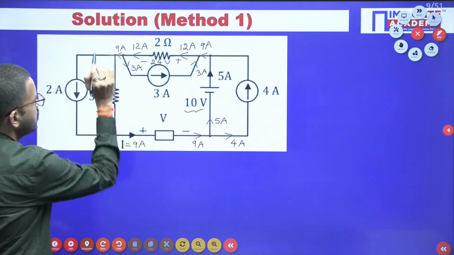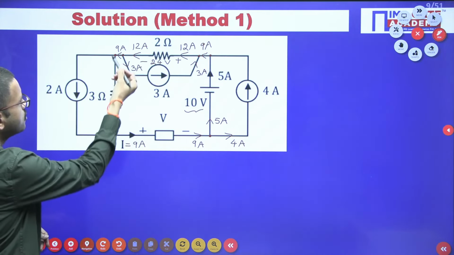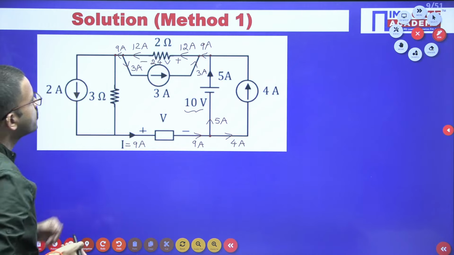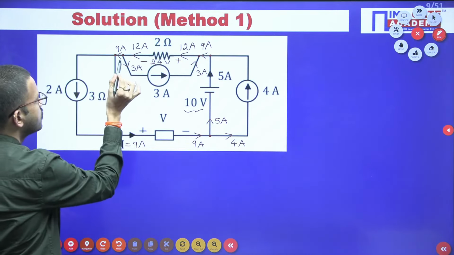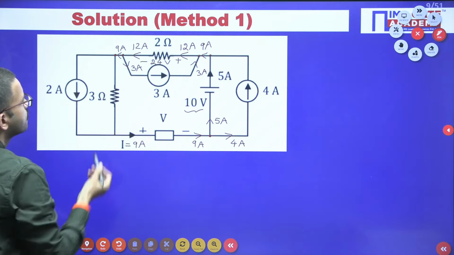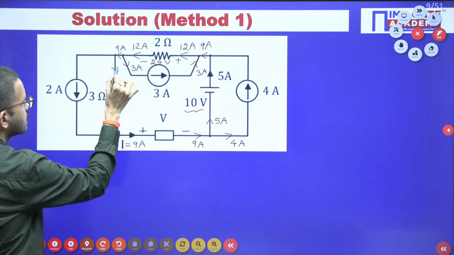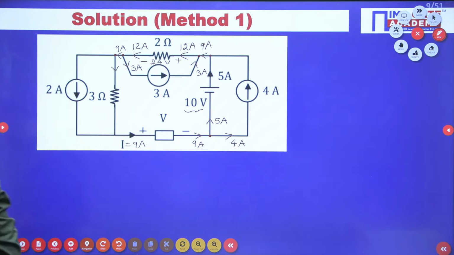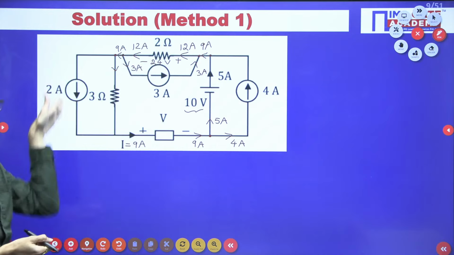Now here once again apply KCL at this node. Here you have to carefully observe. Sorry, 9 ampere is entering, out of which 2 ampere is leaving.